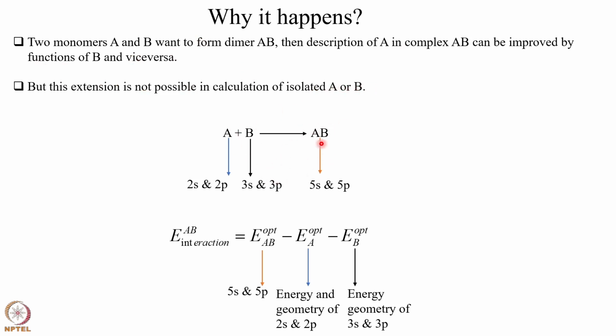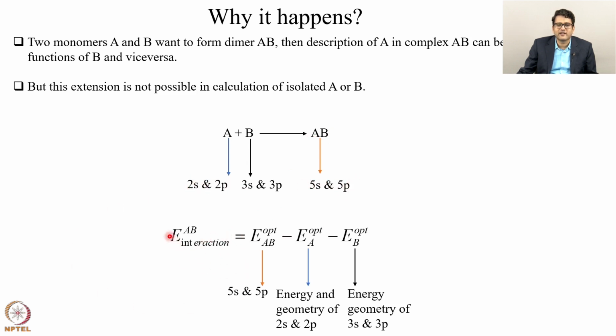So, when I am doing the calculation of A and B, let us say A has a basis set of 2s2p and B has a basis set of 3s3p. I could have taken any number of basis functions; I have just taken 2s2p and 3s3p as an example. Now, with this kind of basis set, my basis set on AB is the total addition of 5s plus 5p.